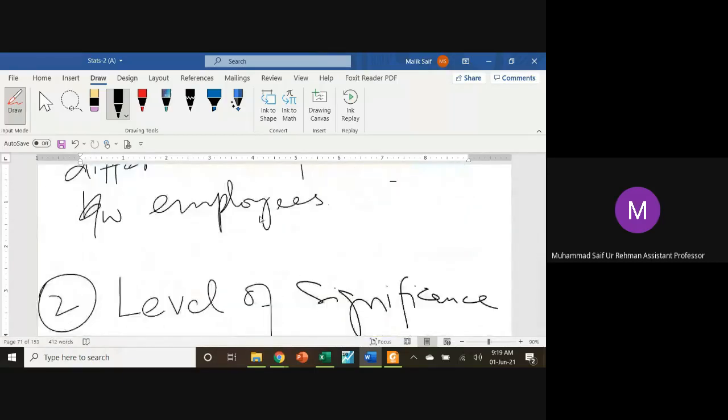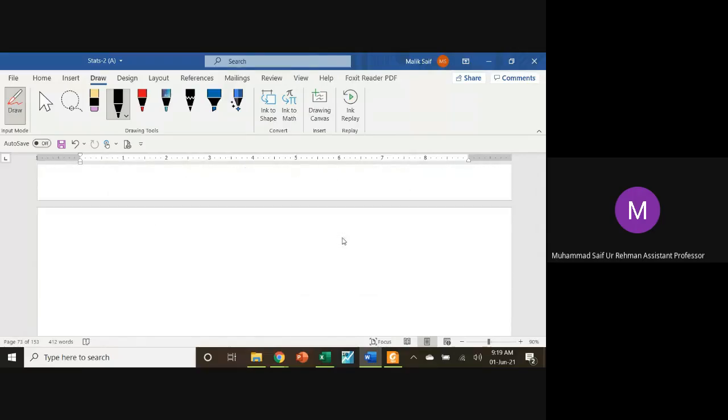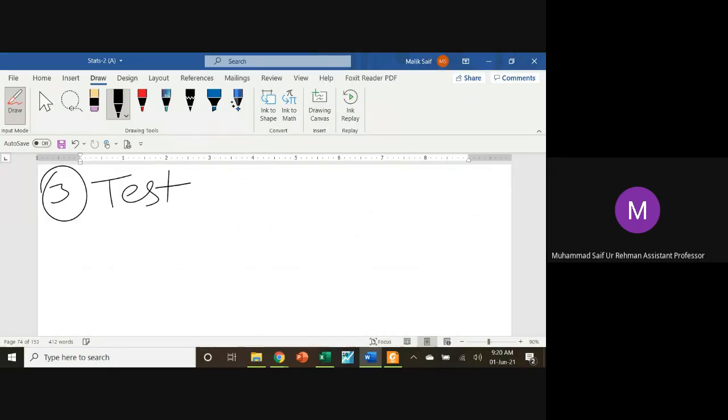So you will write it down as alpha is equal to 0.05. This is the level of significance, and then you will write down step 3, where you will write down test statistic. And what will be your test statistic in this case? You will write down F1 calculated.